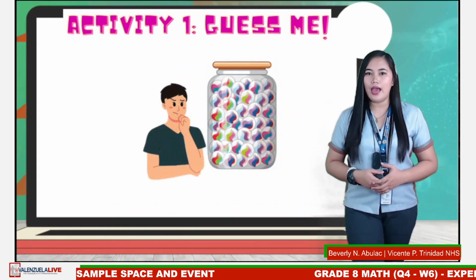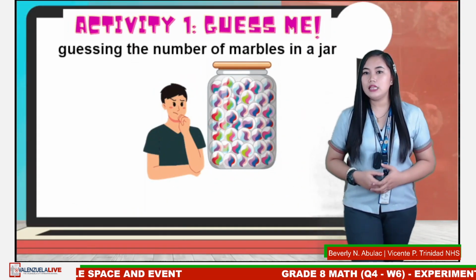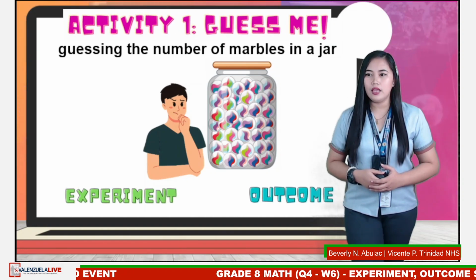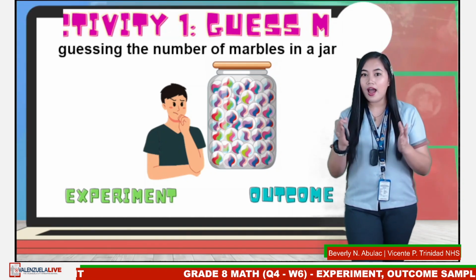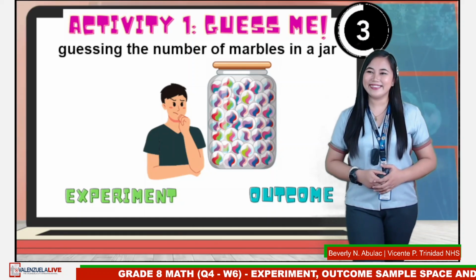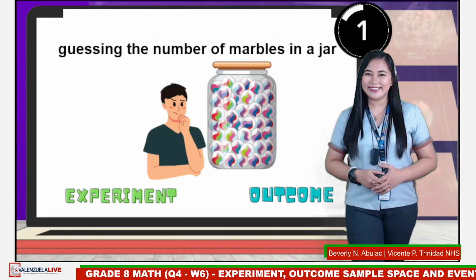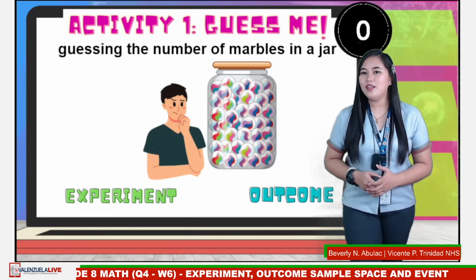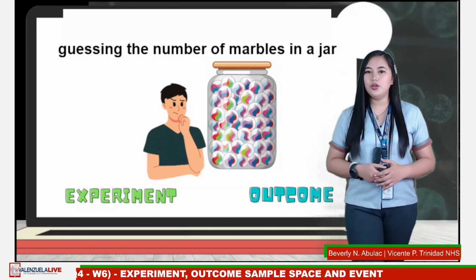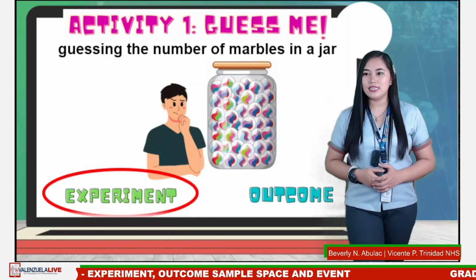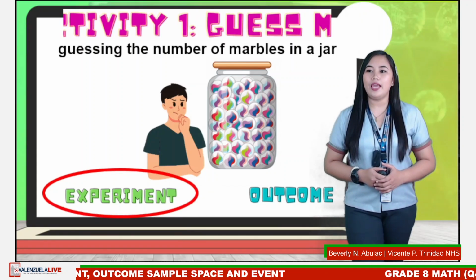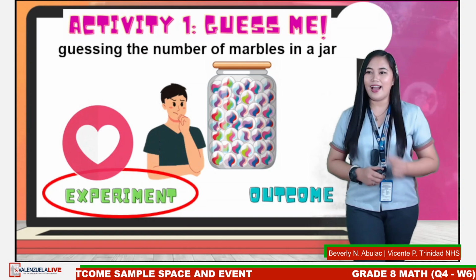And the last one, we have guessing the number of marbles in a jar. Is it an experiment or an outcome? Are you done pressing the correct react button? Very good. The answer is experiment. Therefore, you should be able to press the heart react button.